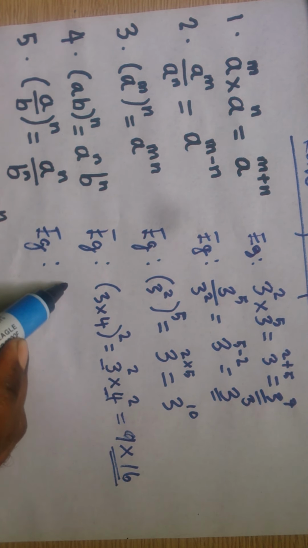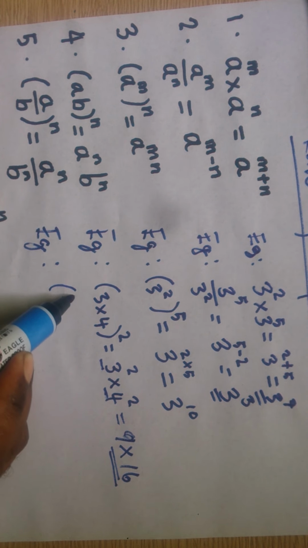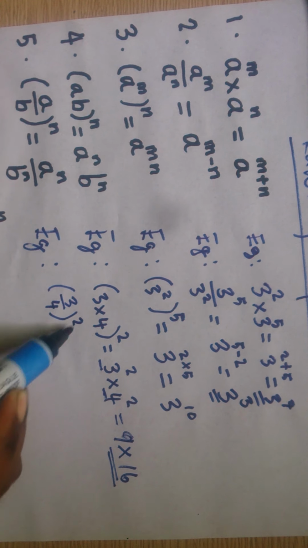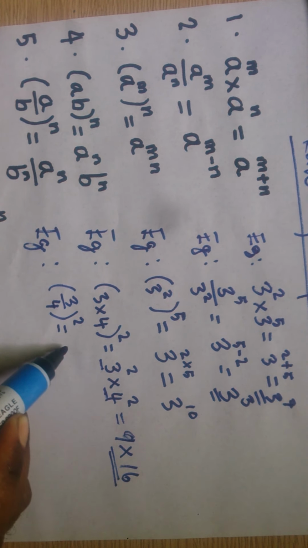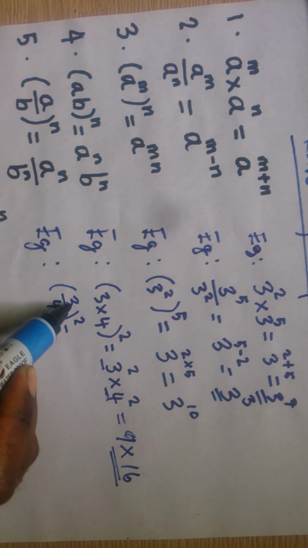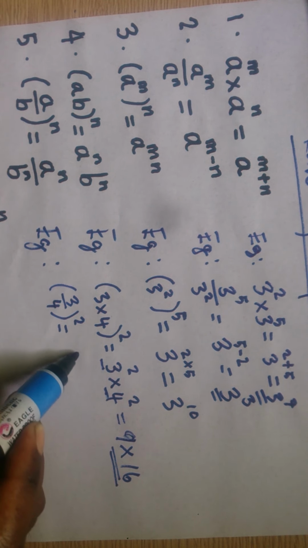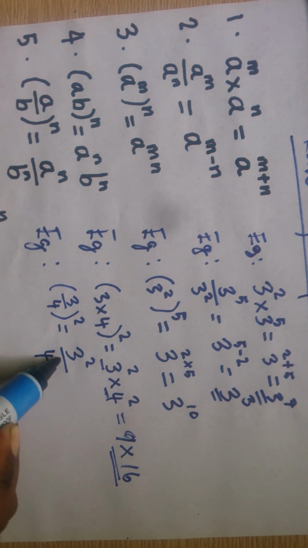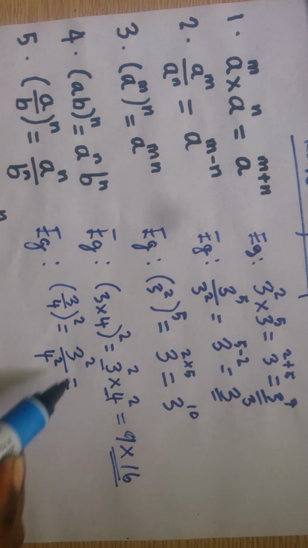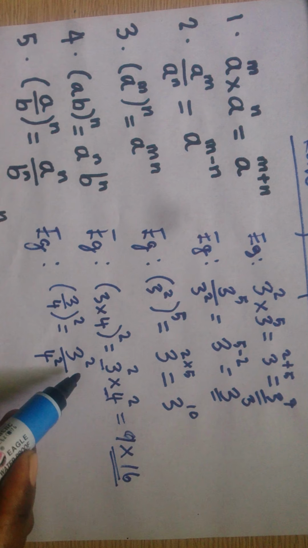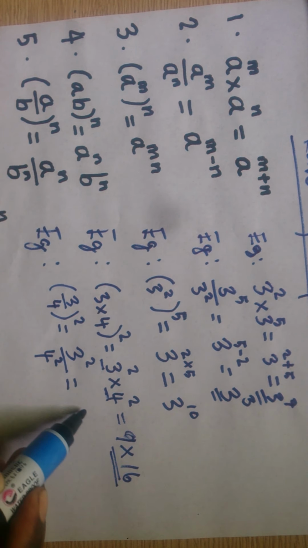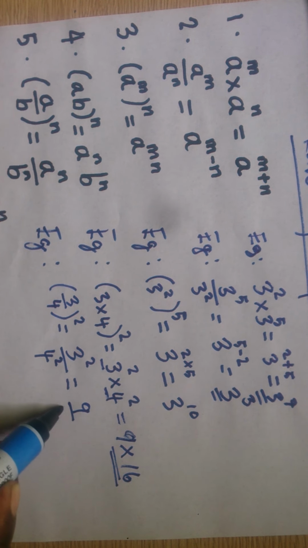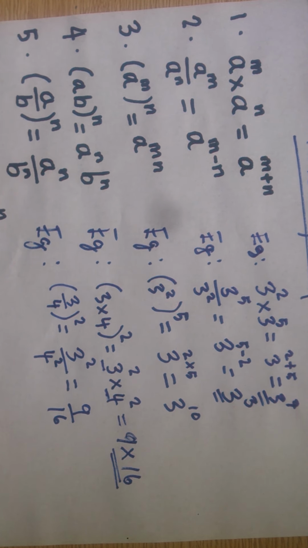So for example, if we have 3 over 4 raised to 2, in such case we will raise both the numerator and the denominator to the same power. So 3 raised to 2 over 4 raised to 2. So 3 raised to 2 is the same as 9. 4 raised to 2 is the same as 16. So this is how you will solve.